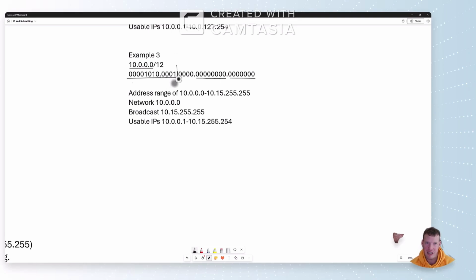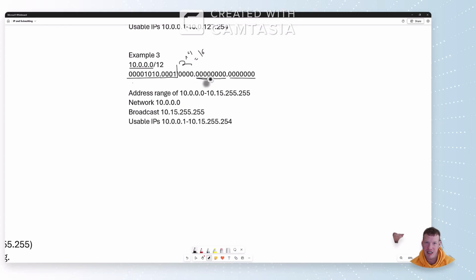And if we use our math, 2 to the power of remaining bits, that's going to be 1, 2, 3, 4. So 2 to the power of 4 equals 16, with 0 being a number. That means that we could do 0 to 15. That would equal 16. So that's how we get 10.0.0.0 through 10.15.255.255.